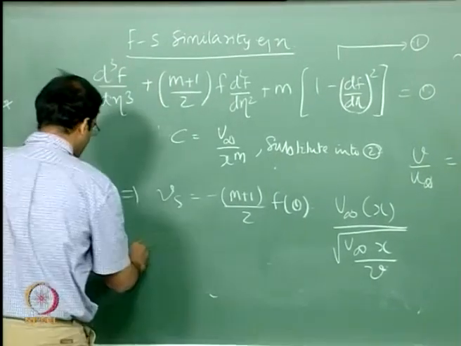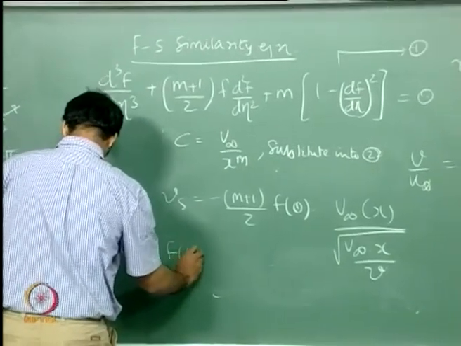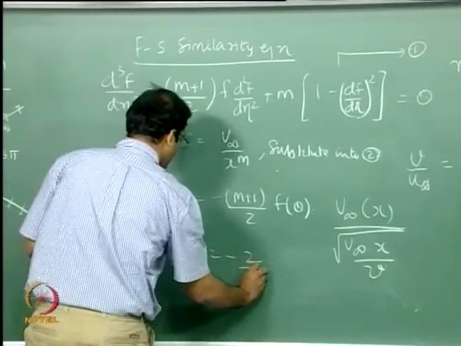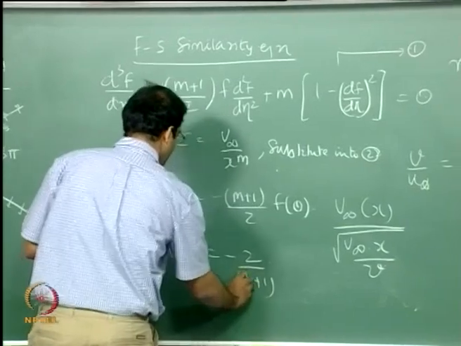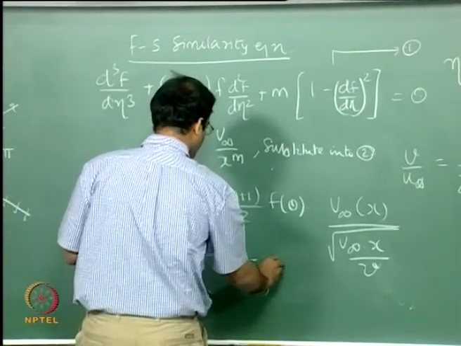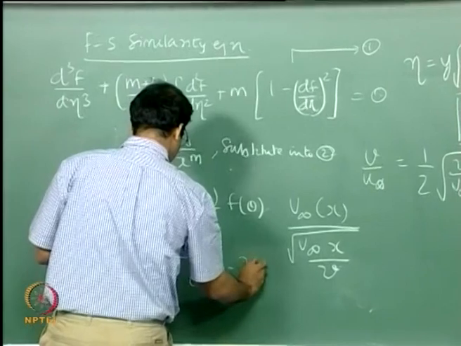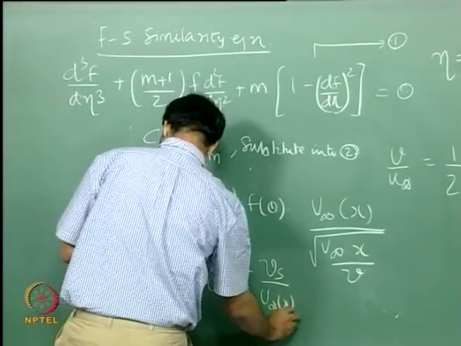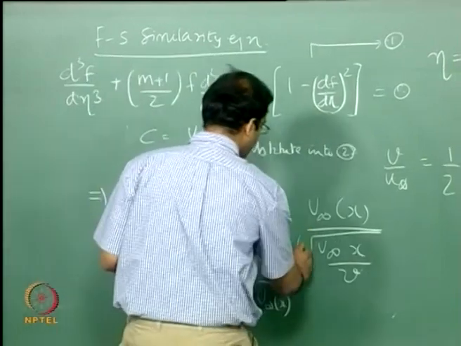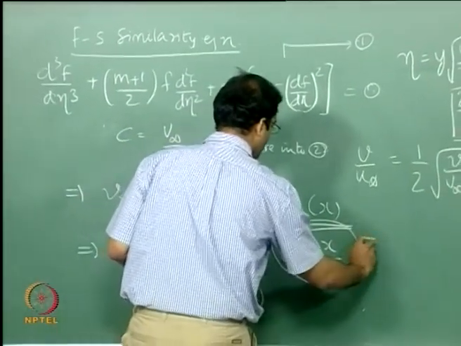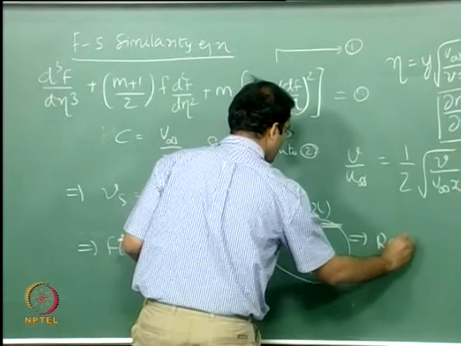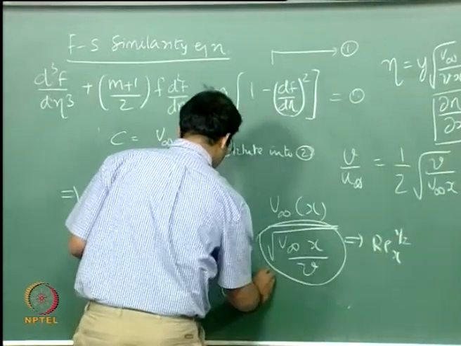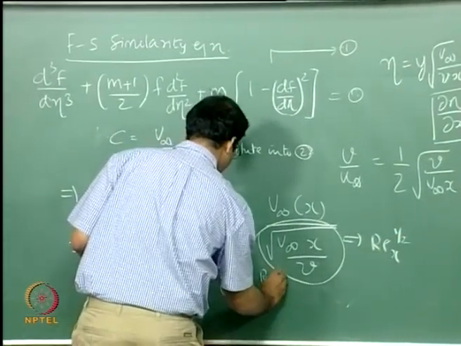So now from here you will get your f of 0 as minus 2 by (m plus 1), okay, into Vs by u infinity of x. Now this is nothing but what, Reynolds number to the power half, so that will go to the numerator.